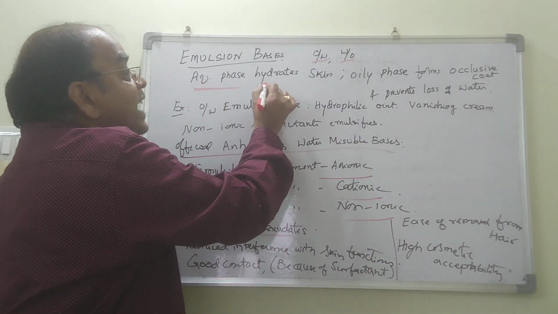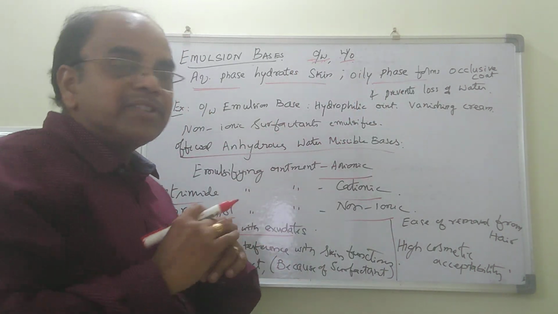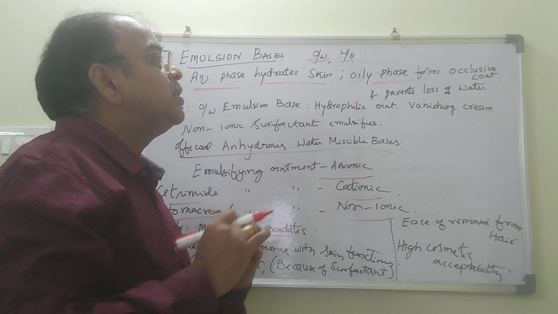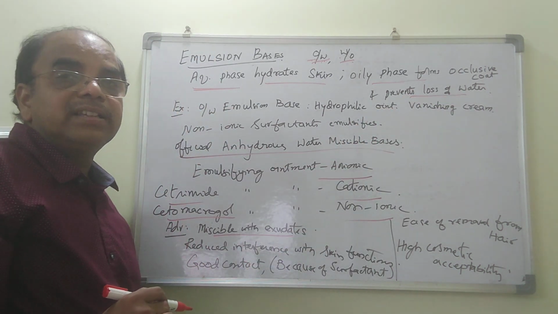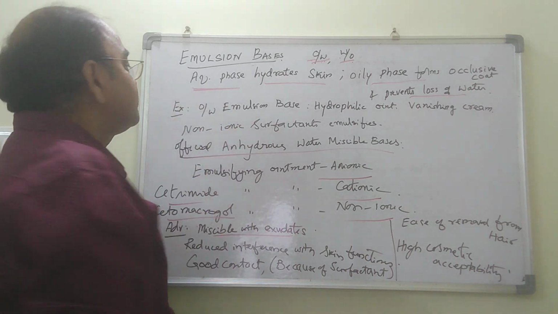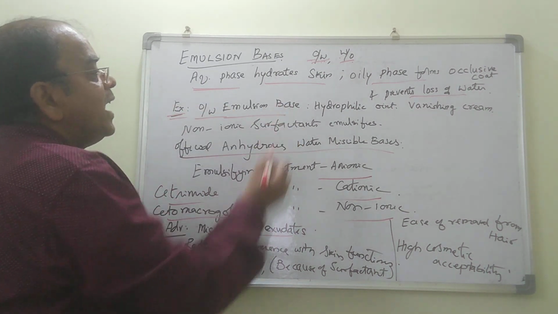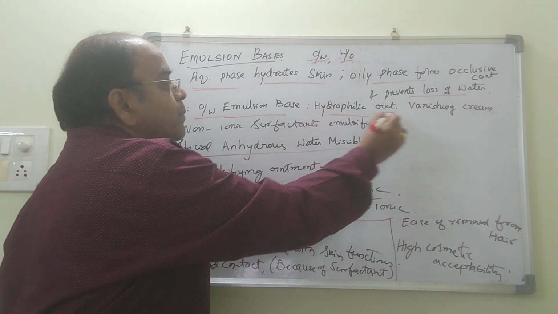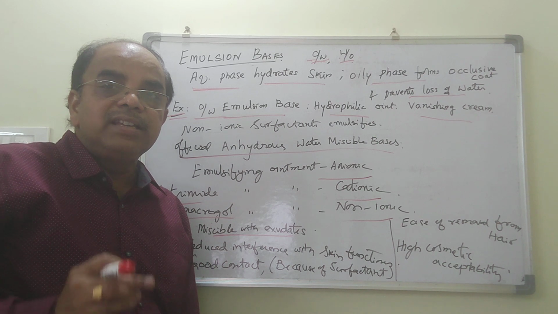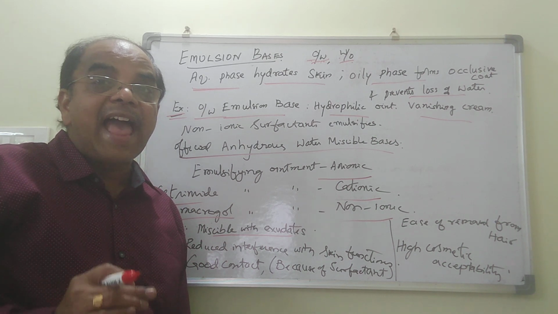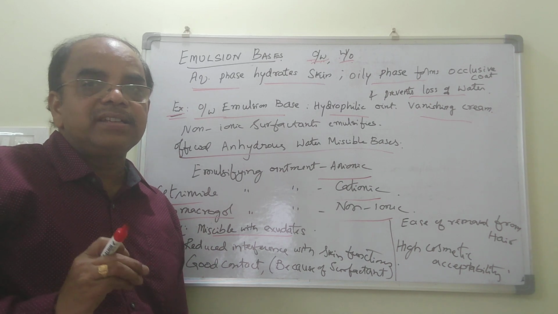The aqueous phase hydrates the skin, and the oily phase forms an occlusive coat over the skin and prevents the loss of water, loss of moisture, from the skin. An example of an O/W emulsion base, which is a hydrophilic ointment, is vanishing cream. Vanishing cream is a type of cream which is completely aqueous. It contains triethanolamine and stearic acid.